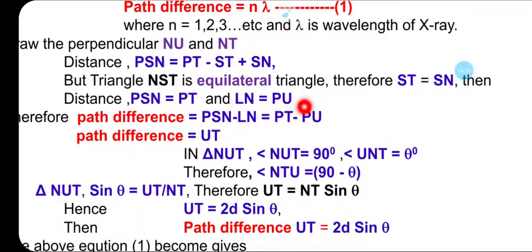Therefore, the path difference PSN minus LN is equal to, substituting the value of PSN as PT and the value of LN as PU, PT minus PU.